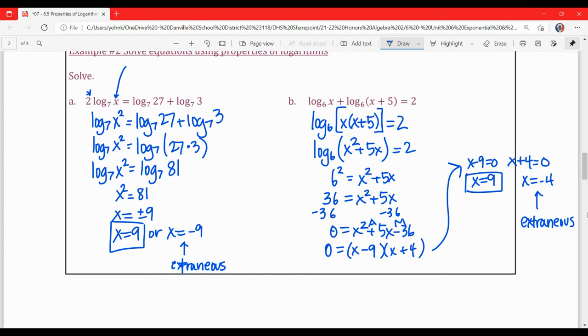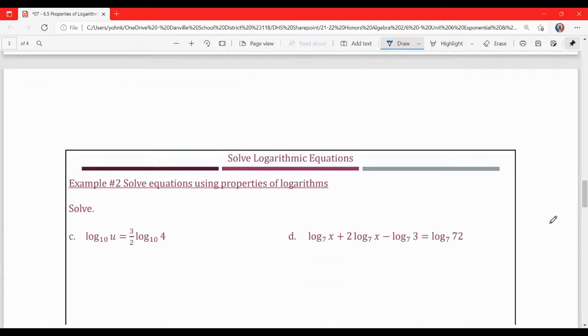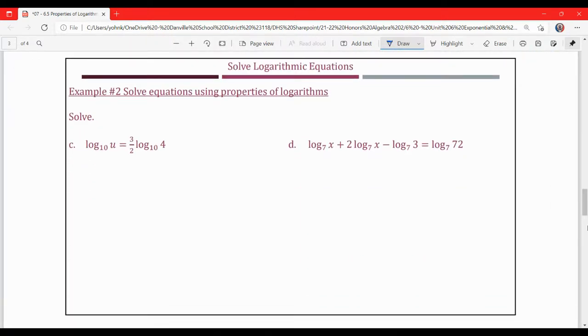All right, let's look at some more equations. These say solve. So first thing I want to do is get rid of any coefficients in front. So log base 10 of u equals log base 10 of 4 to the 3/2 power. Remember, 4 to the 3/2 is the square root of 4 cubed.